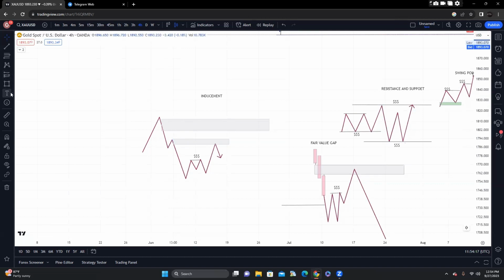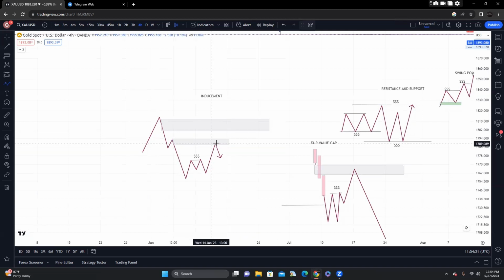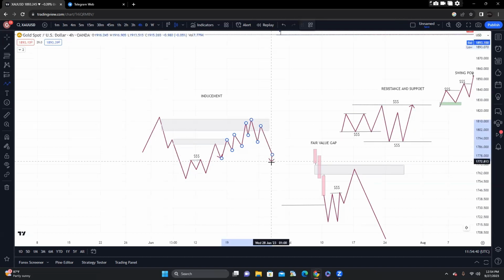So what you see happening is that price will actually induce you to enter sells from this place and then take you out. Maybe it comes here like this, and then we see that price comes here, here, and then all the way down.